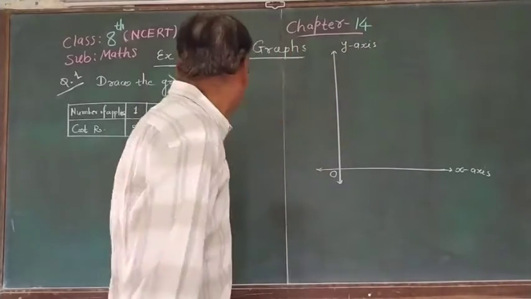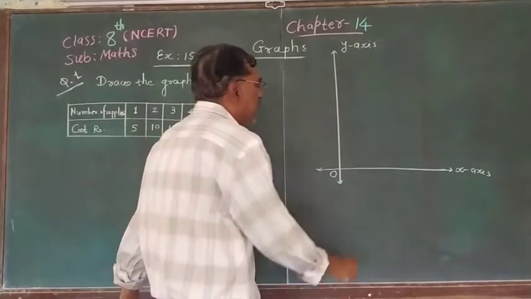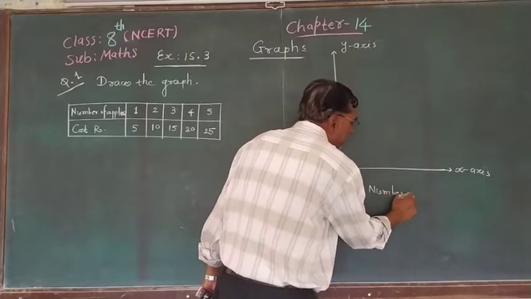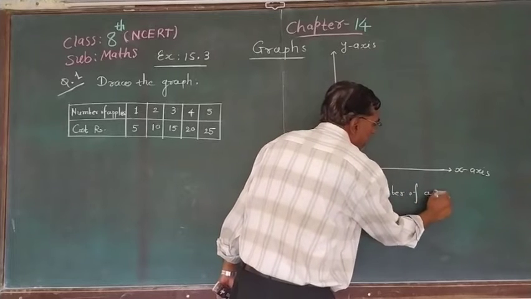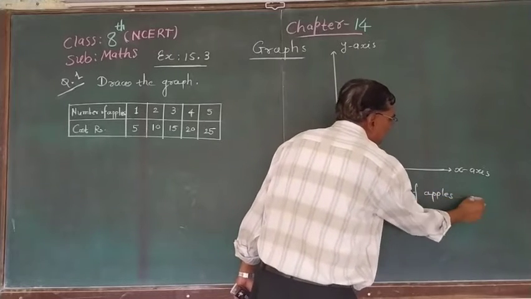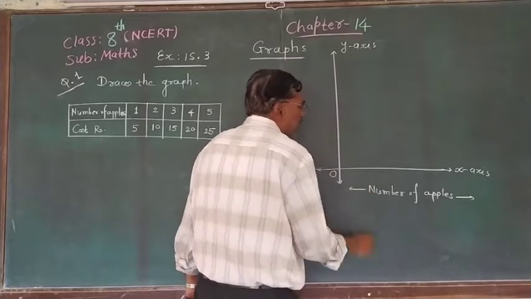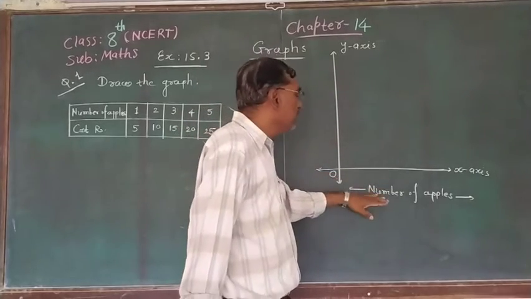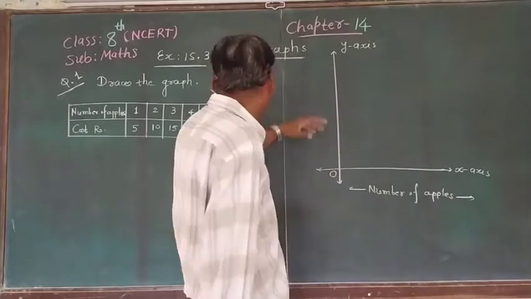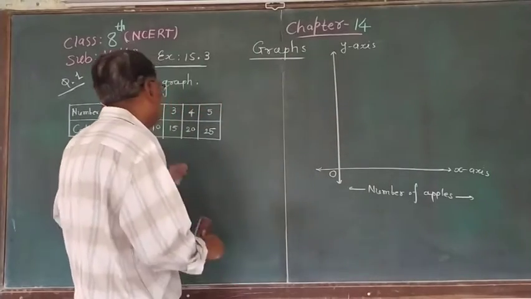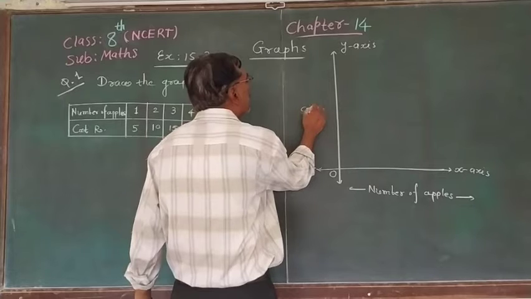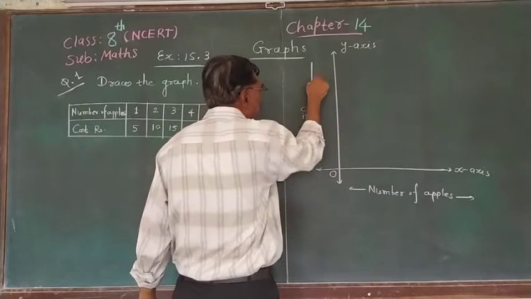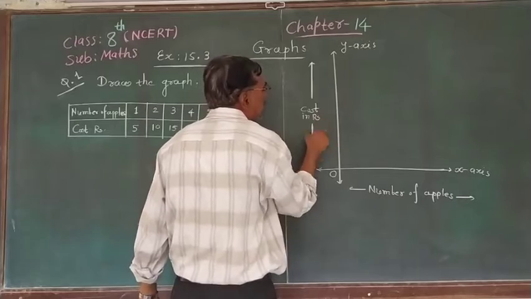The number of apples we are going to take on the x axis. On the graph there must be a representation of what we have taken on the x axis and what on the y axis. Cost in rupees, this is on the y axis.